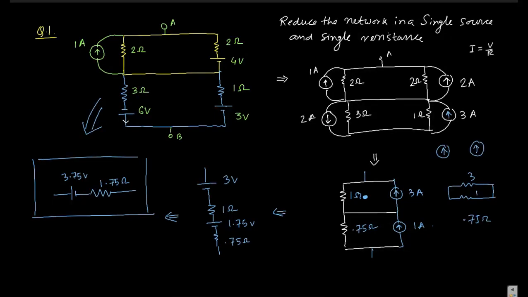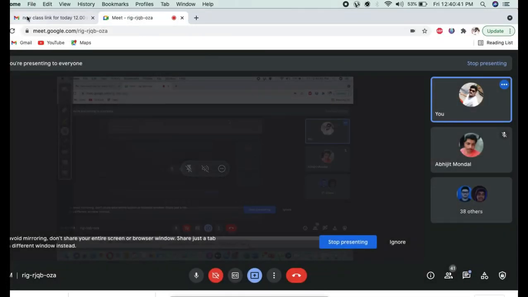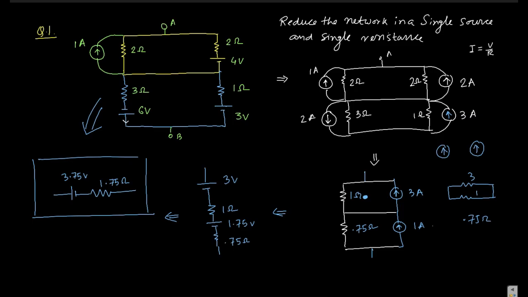Sir, here there are 3 voltage sources and 1 current source. Why are we not making this current source into a voltage source? Then it becomes easy.